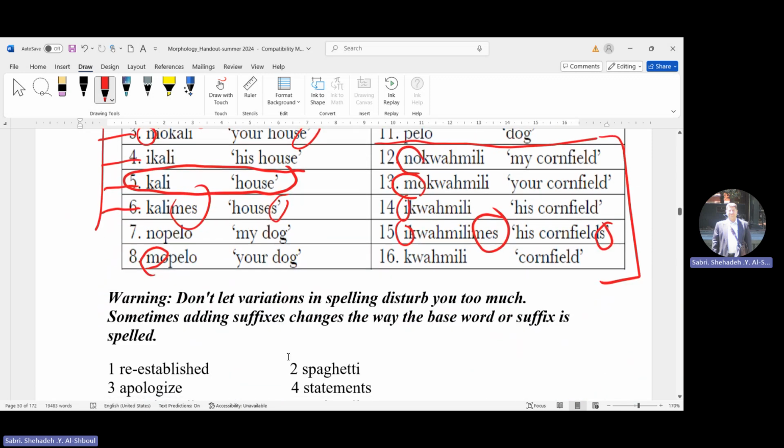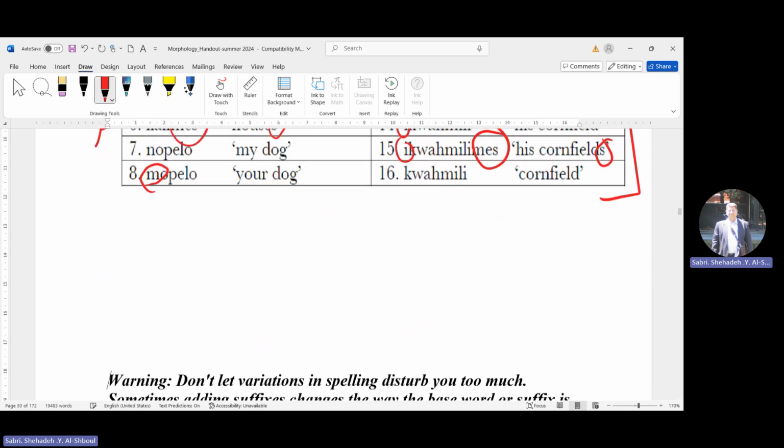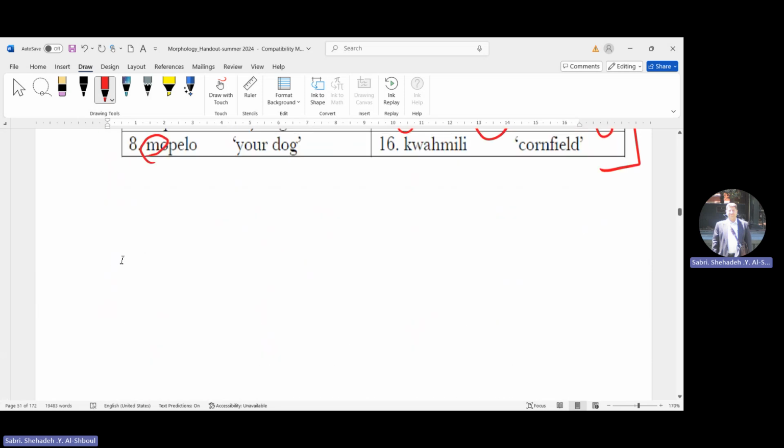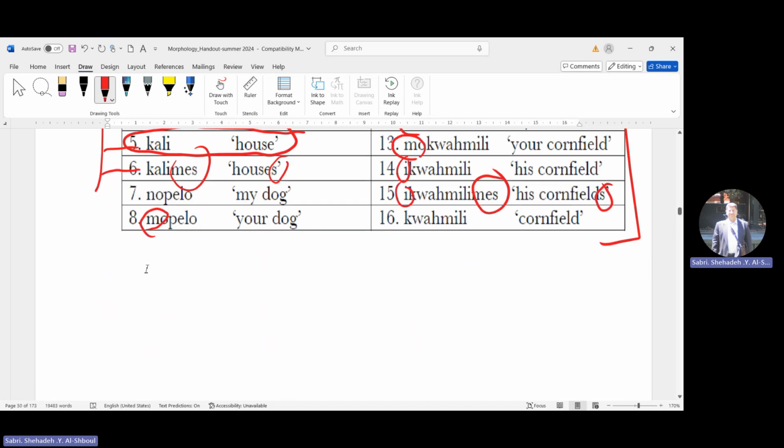So according to the data here, we have possessive in this language, and we have plural or number.